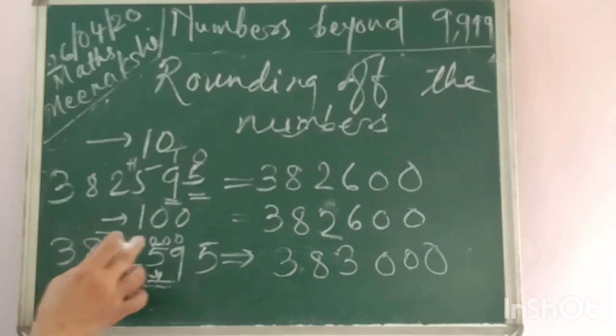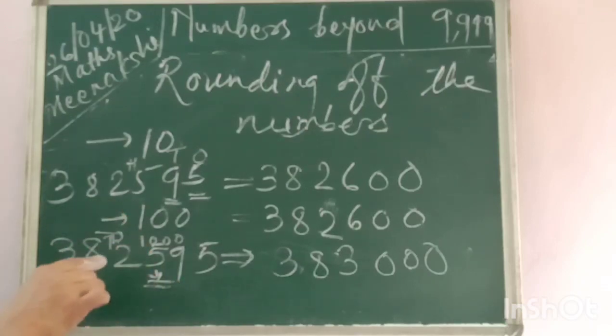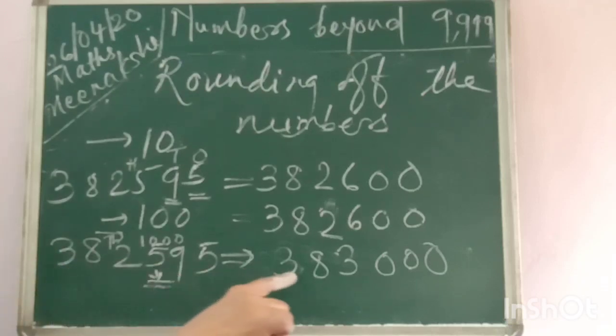When you are rounding to the nearest 1000, you check the digit at the 100 place, and the digit at the 1000 place is 2, so this will be 383,000. So children, rounding off altogether. Nearly all parts of this chapter I have explained to you once again.